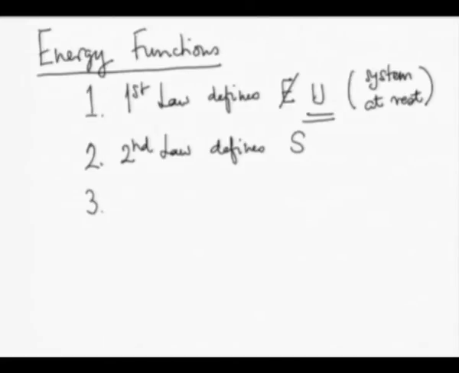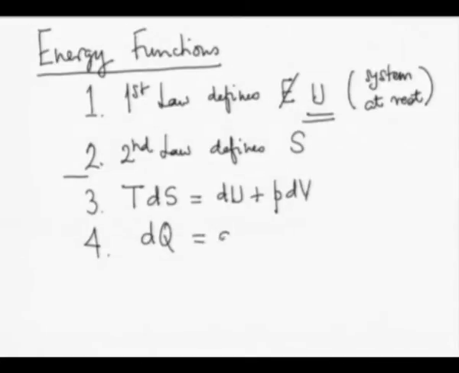We said that for a simple compressible system, entropy ds is du plus p dv, everything divided by T. We turn it around and write it as T ds equals du plus p dv. Now from here the quantitative part begins. Now let us use the first and second law in its quantitative form. The first law says that dq equals du plus dw.